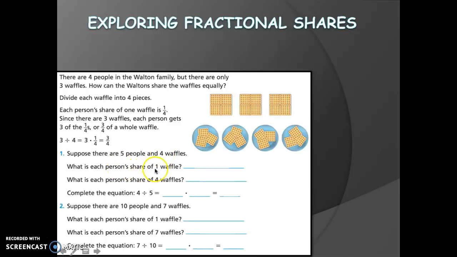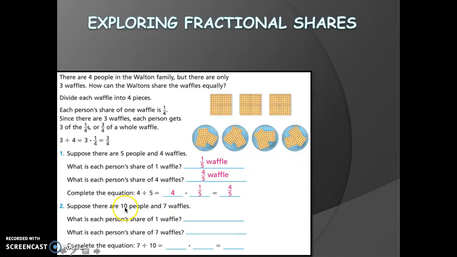So to find each person's share, we're going to have to divide the waffles into fifths, right? So if we have 4 of those waffles, we get 4/5 of a waffle. So that means we didn't just divide one waffle, we divided 4 of them. So 4 divided by 5 really means that we took 4 times 1/5, and that equals 4/5.